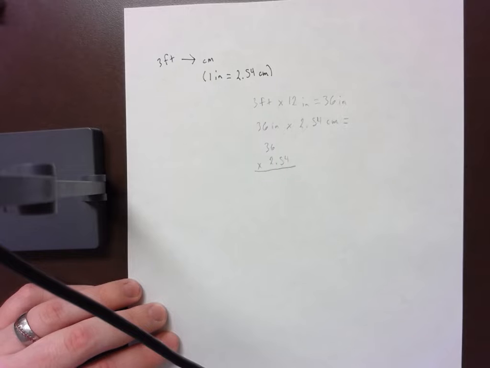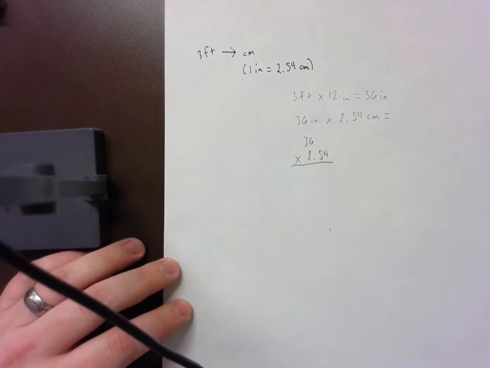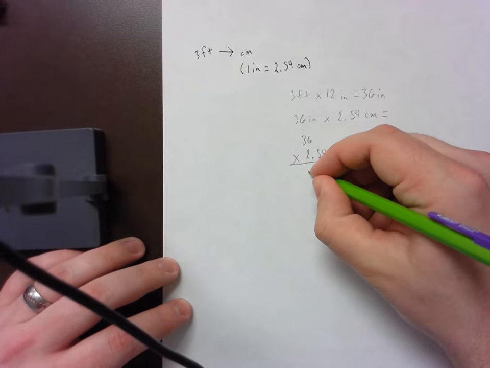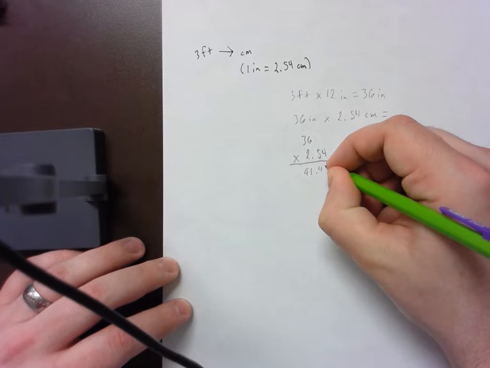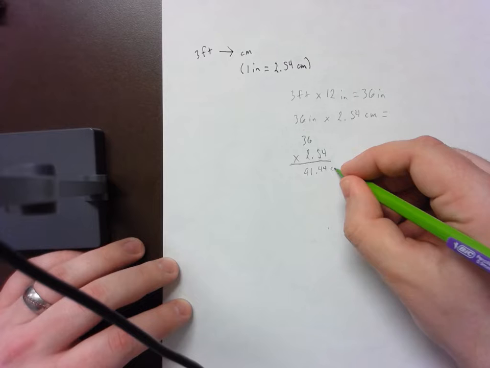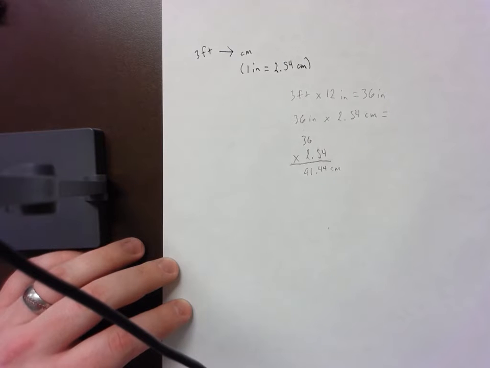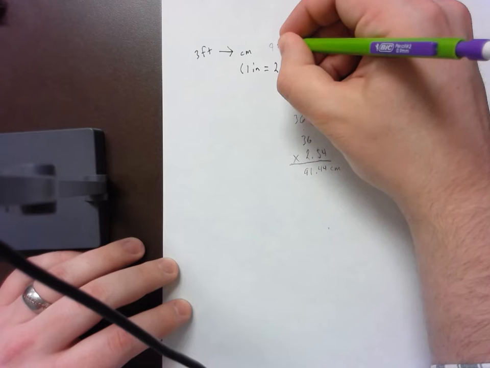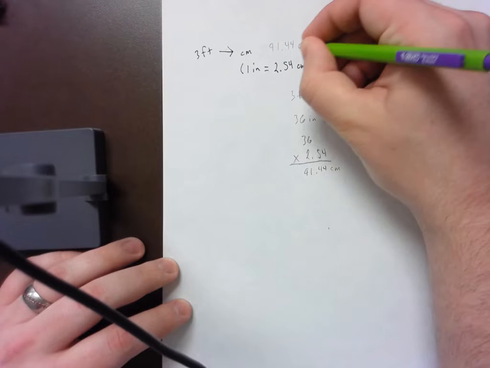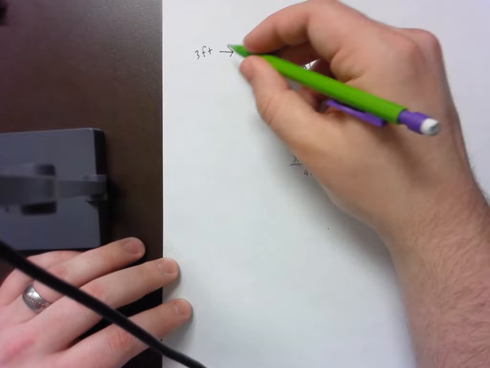Alright, so we do this. Now we have, if we equal it out, it's going to equal 91.44 centimeters. So in 3 feet we have 91.44 centimeters. So 3 feet equals 91.44.